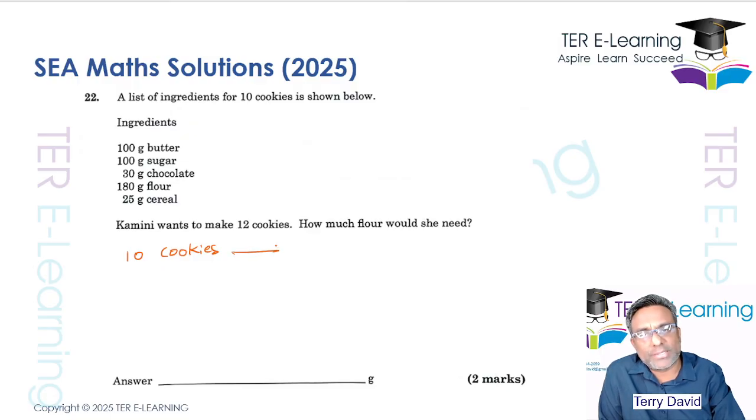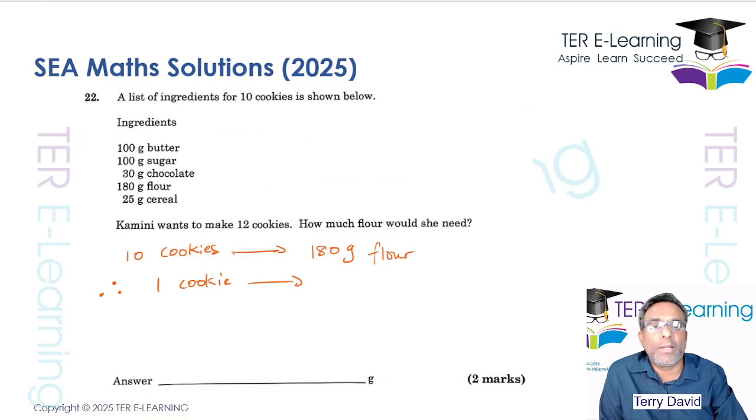That requires a total amount of flour of 180 grams, right? So this is 180 grams of your flour. So therefore, what I could do, I can work out for one cookie how much flour I need. In which case, all I need to do is to take 180 divided by 10. So therefore, for one cookie, I need 18 grams of flour, right?